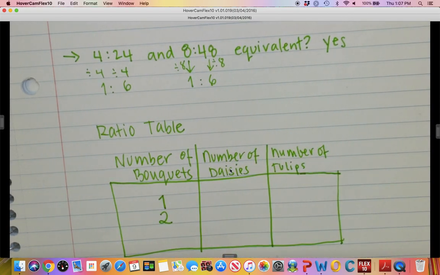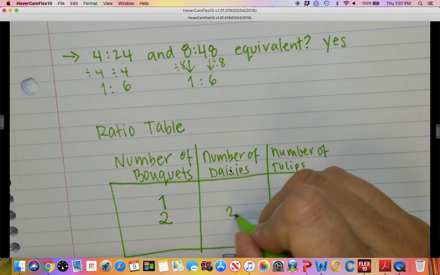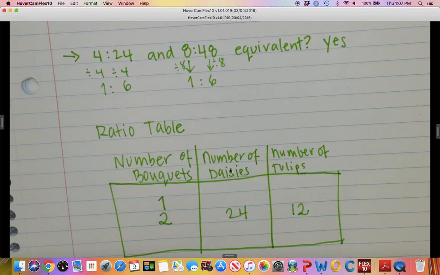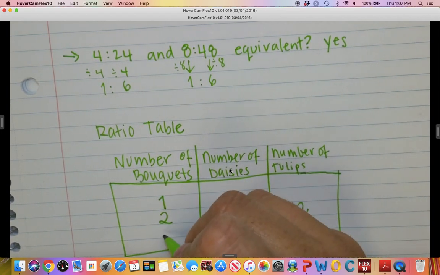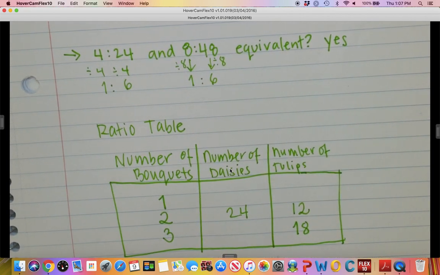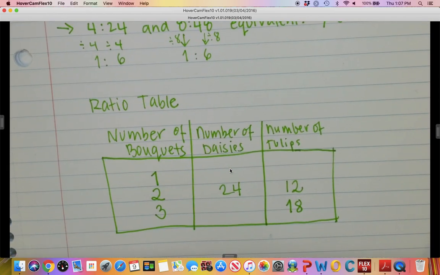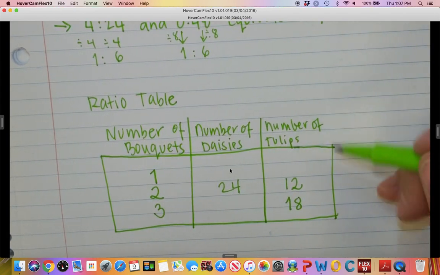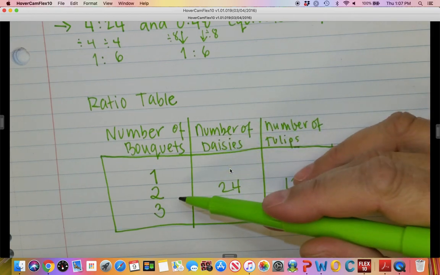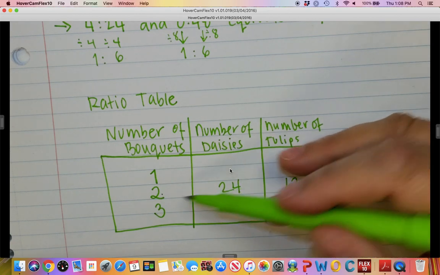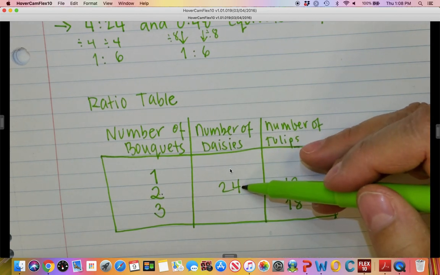For every two bouquets, I have 24 daisies and 12 tulips. For every 3 bouquets, I have 18 tulips. So what we're looking for are the relationships between the two numbers. So if I have 2 bouquets and I get 24, what am I doing to 2 to get 24?